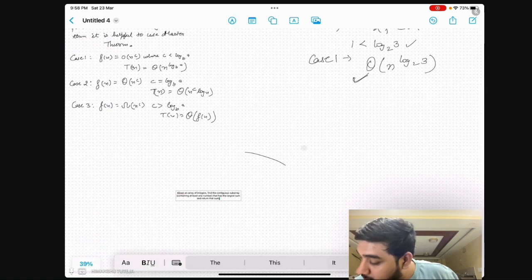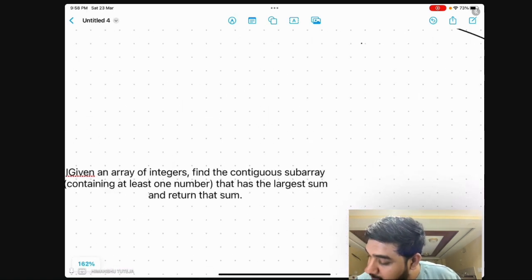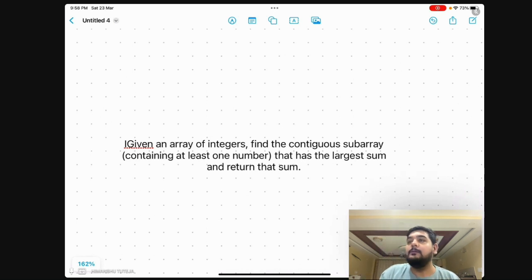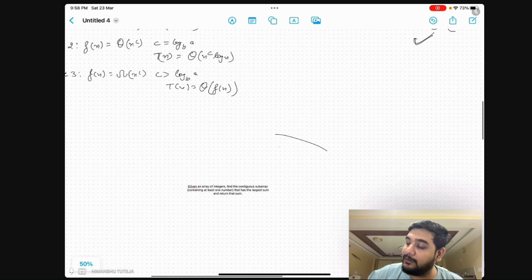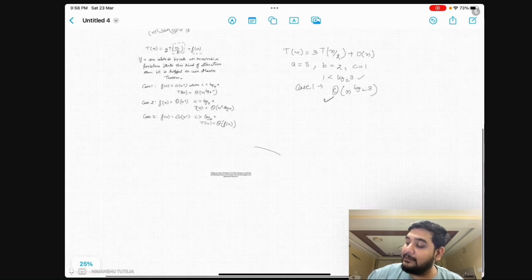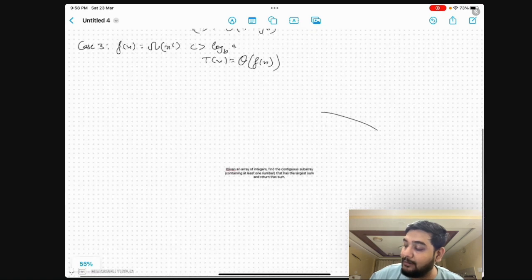Are you able to see this question? This is what I was talking about when I said let's do a problem-driven master theorem, rather than just having a master theorem where you have T and something like that and you are able to find it out. Let's do reverse engineering.